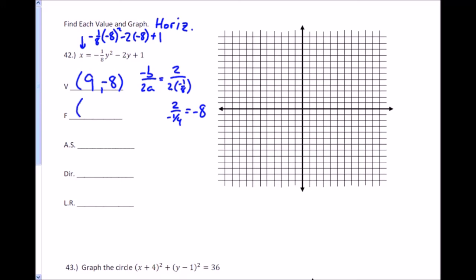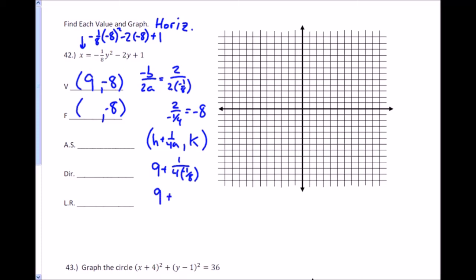For the focus on this one, I can consult my formula sheet here. When I have a horizontal, I do (h plus 1 over 4a, comma k). In other words, my k value stays exactly the way it was. My h value is the one that changes. I do h plus 1 over 4 times a negative 1/8.